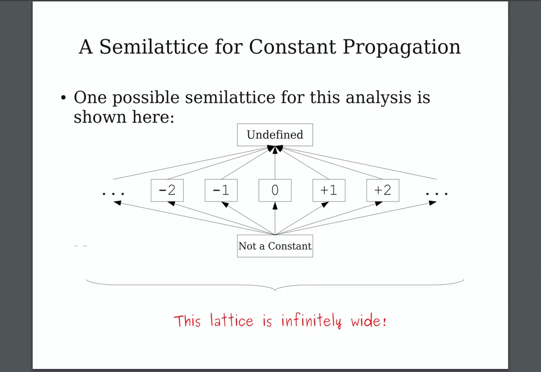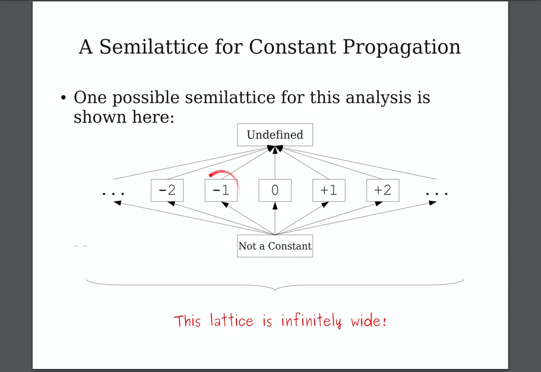Now, conceptually speaking, this lattice is infinitely wide, but in practice, integers are finite in hardware. So this is just a very, very wide lattice. And the bottom element here is not a constant. That's the greatest lower bound in this design of our constant propagation.